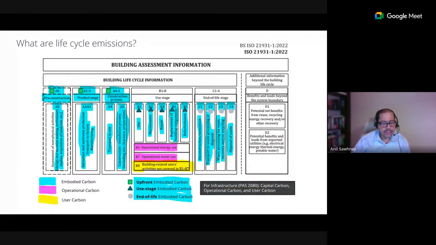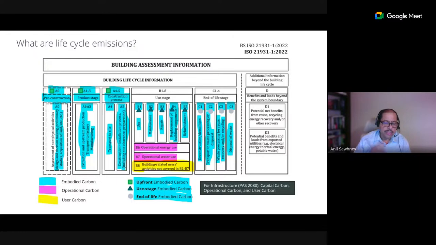The last thing on this slide, there is another standard which is called PAS 2080, which I should have included in that list, that calls embodied carbon capital carbon. Okay, I'm sure all of you have heard of CapEx and OpEx. So capital cost, operational cost, CapEx, OpEx.